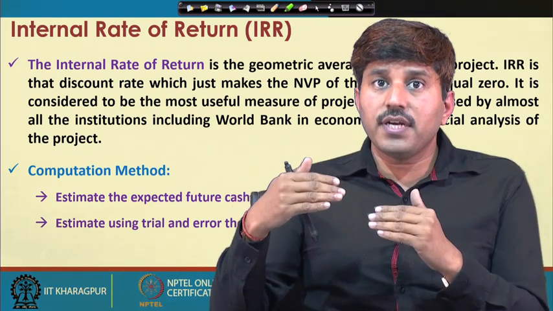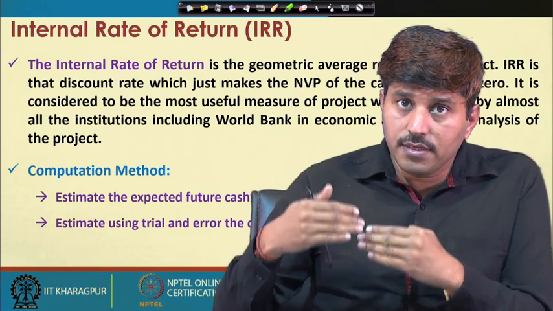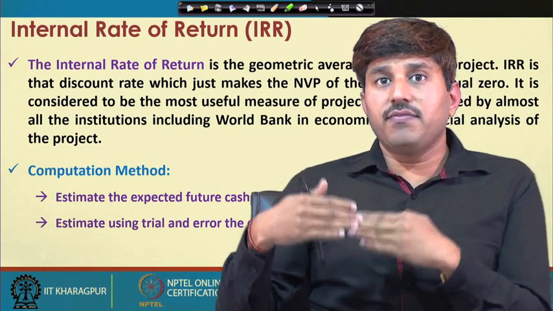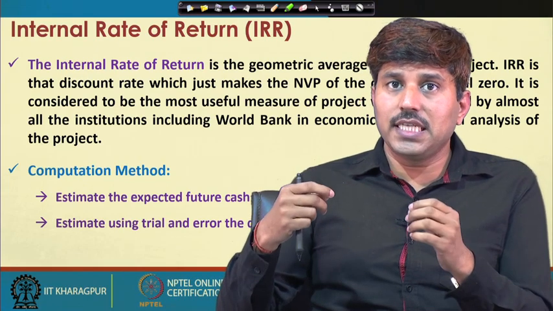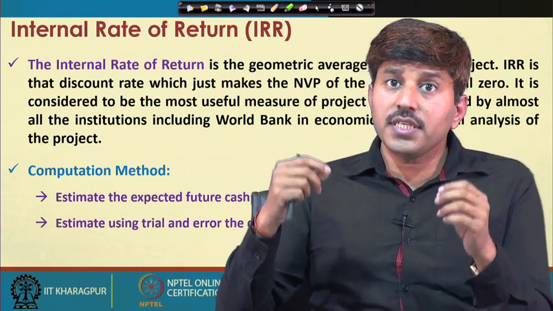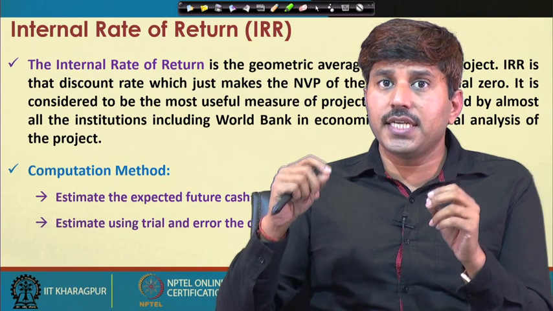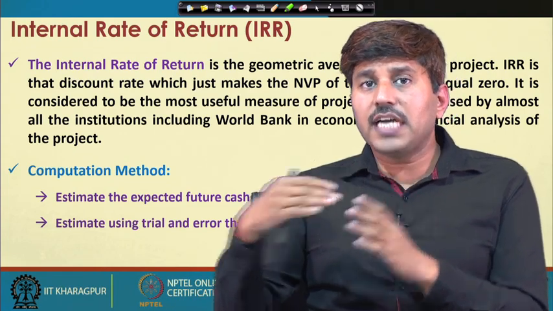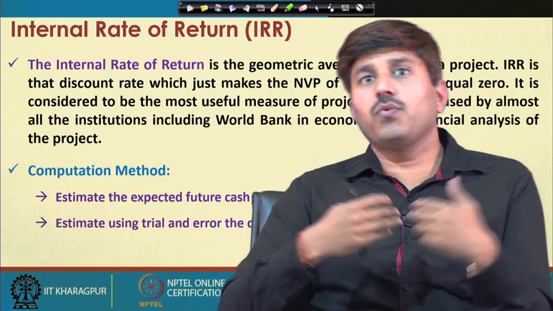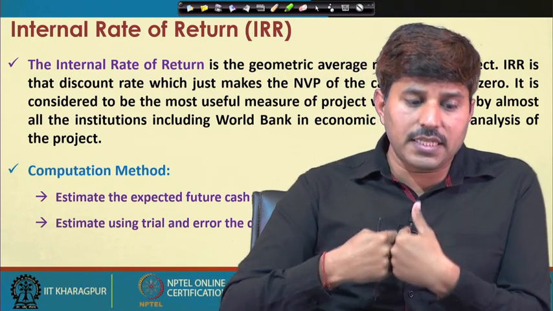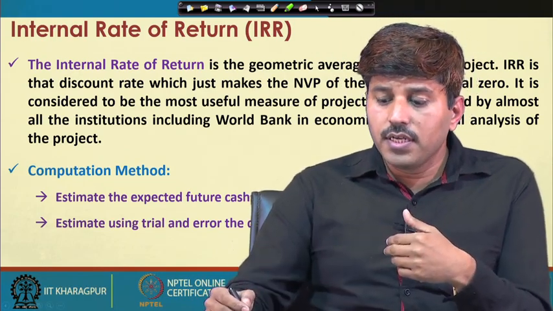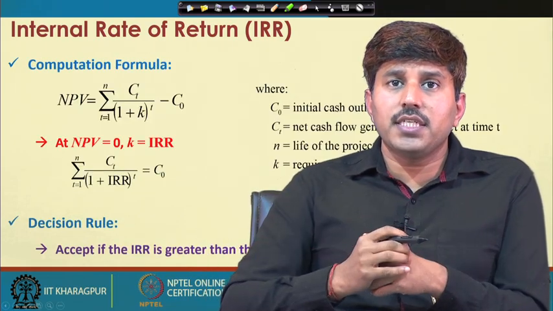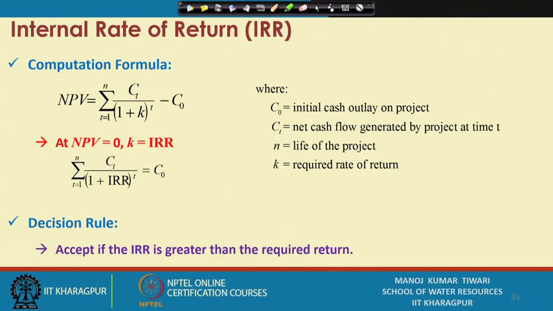Whichever discount rate or return rate makes the net present value 0 is selected. Since it incorporates trial and error, the calculation becomes a little complicated, not as straightforward as we have seen for the earlier methods.